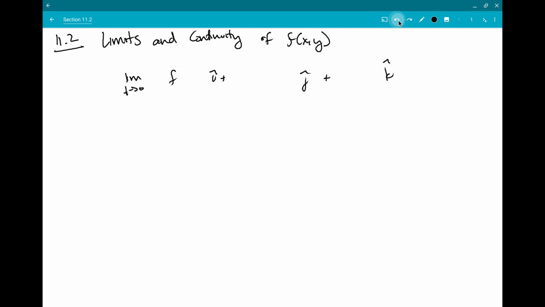We're going to be talking about limits of a function that only has one component. So there's no i hat, j hat, k hat. We have a scalar valued function f of x, y. But because we depend on both x and y, we take a limit in both x and y to some value. So a little bit different than what we did before.